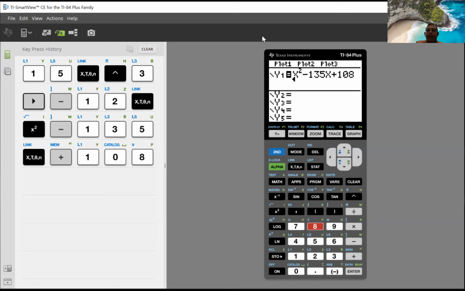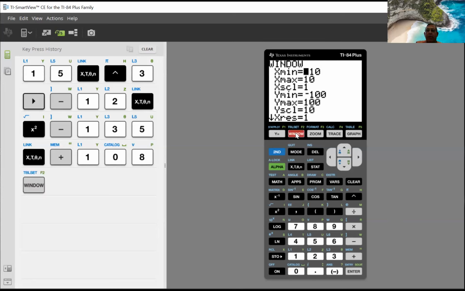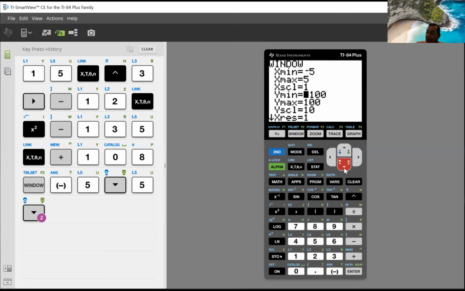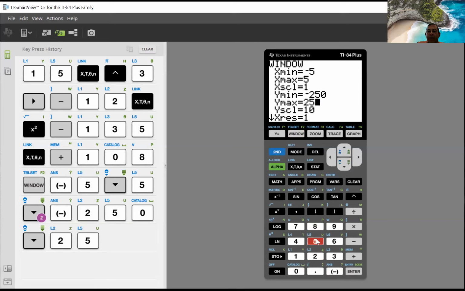All righty, now let's go set that window. So my x's went from -5 to +5. And I'm going to keep them going by ones. My y minimum went from -250 to +250.